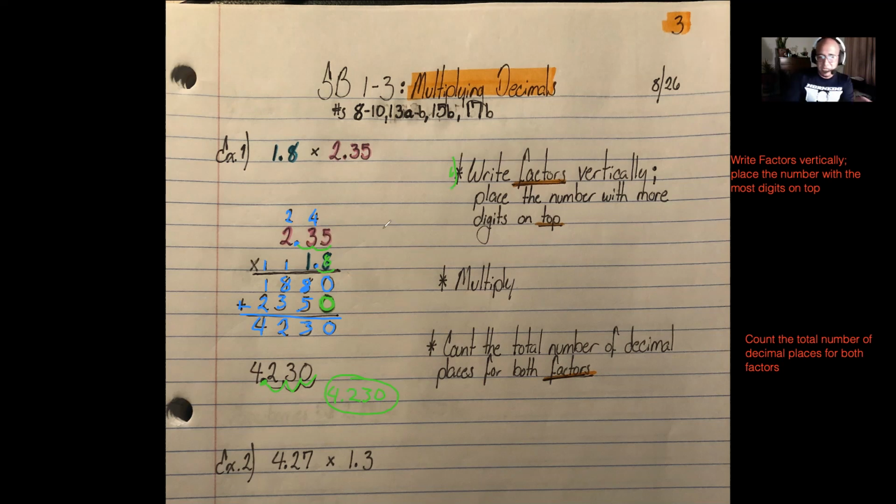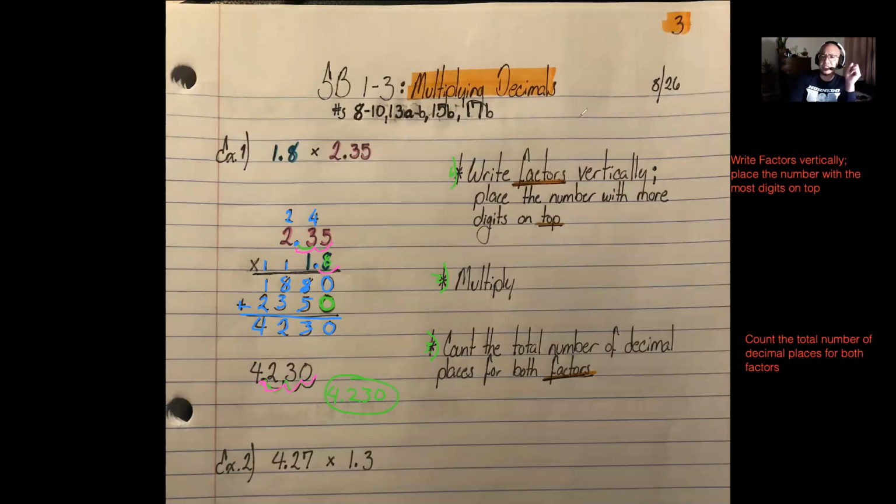Secondly, we're going to multiply just like we did here. And thirdly, once we get our answer, we're going to count the total number of decimal places for both factors, just as we did up here. So we had 1, 2, 3 numbers behind the decimal, and that's going to tell us where the decimal is going to go. I'm going to start from the end. 1, 2, 3, and that's going to be our answer.